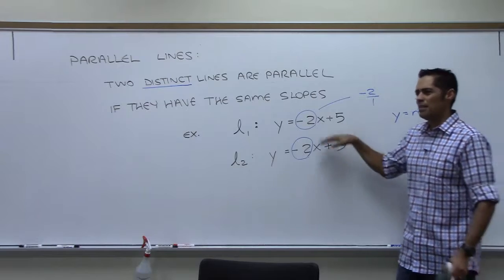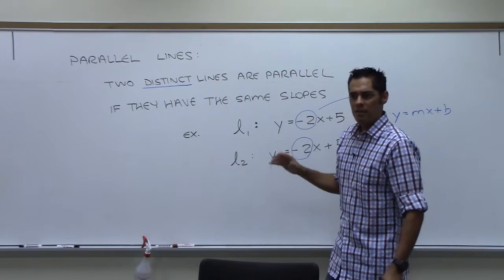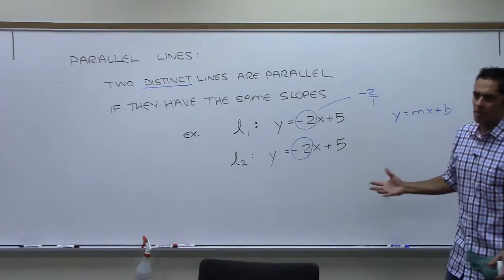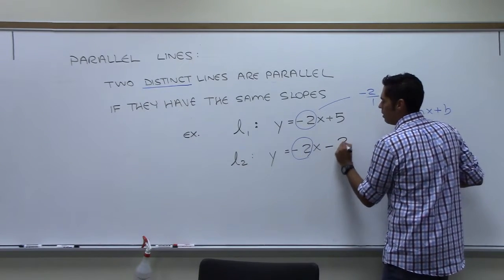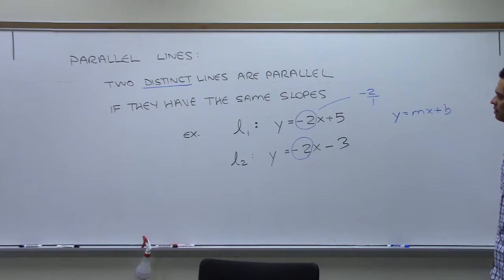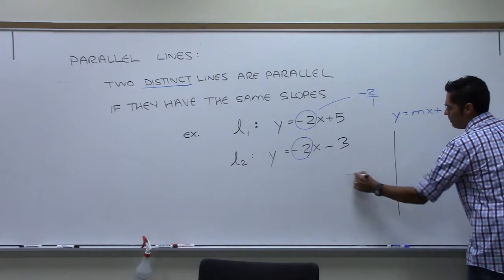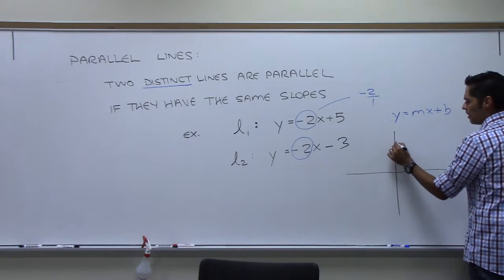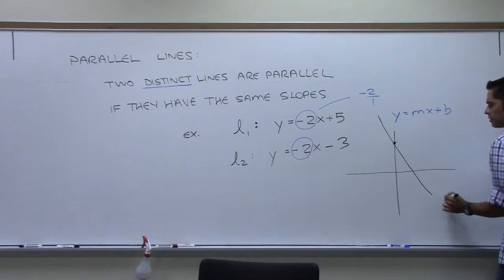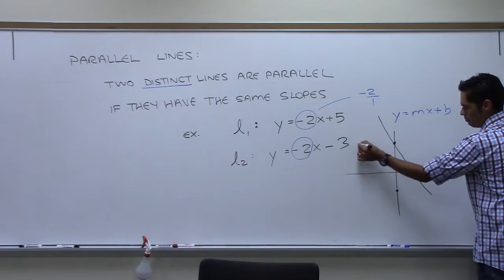So we wouldn't say that these two lines are parallel because they're the same. Okay? So back to this. Now if we graph these, I'll just do a quick graph. Don't worry about the graphing part of it. We'll get to that later. It would look something like this. One of them would go like this, and the other one would go something like that.